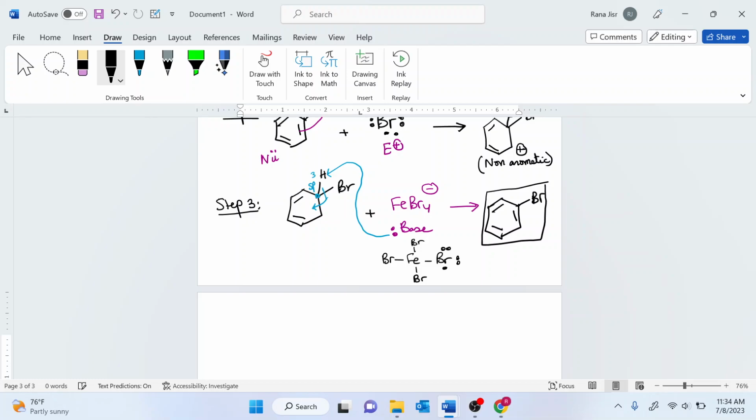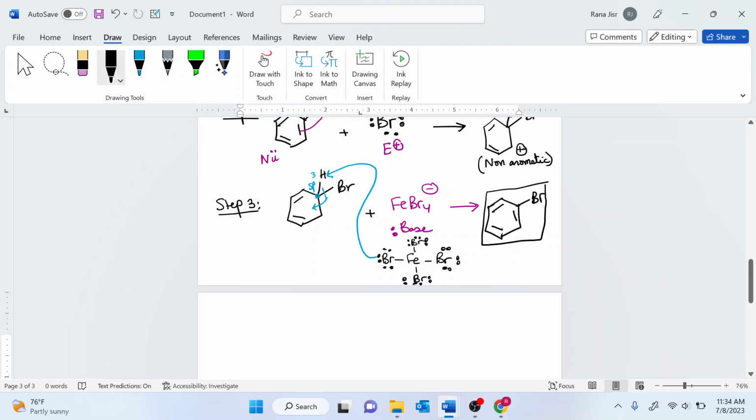So my nucleophile here is going to be any of those bromines in there. And this is where the reaction happens. This is where the lone pairs over here are going to come from the bromine and they're going to take the hydrogen. So pay attention to that.